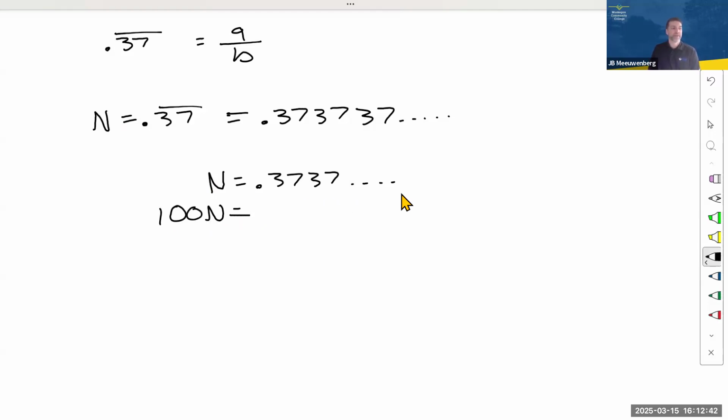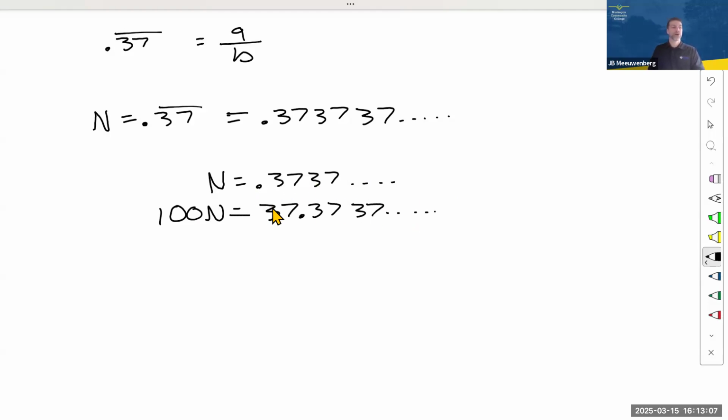If this is the value of n, and we multiply it by 100, you should recognize this from earlier, it shifts our decimal point over 2 places. And it's going to be 37.3737, etc.